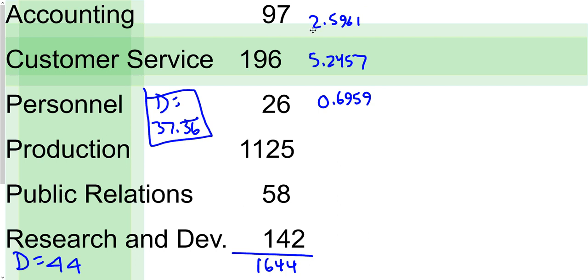And so these will be the natural quotas. Okay, let's keep going. 1125 divided by 37.36 is 30.1095.